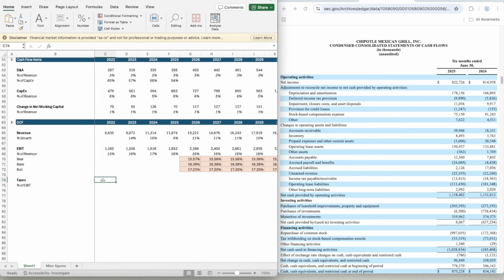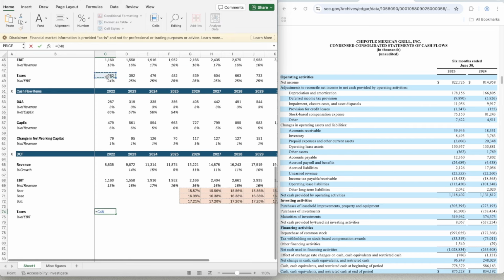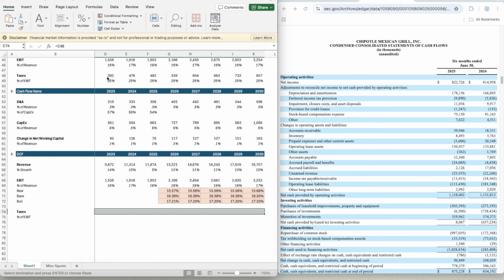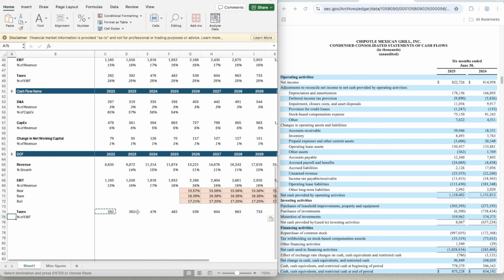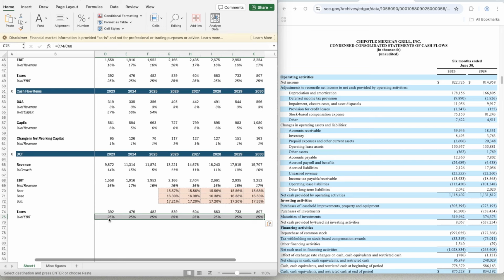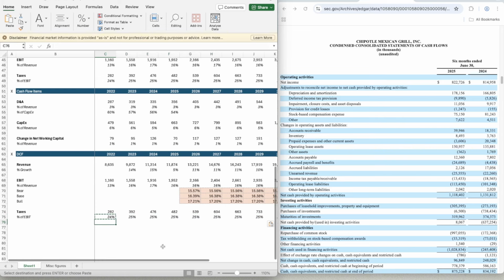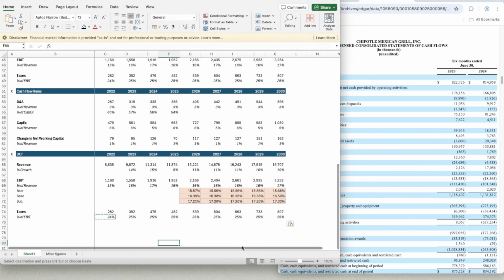The taxes will be, and the good thing is we can, let's make this a bit bigger.